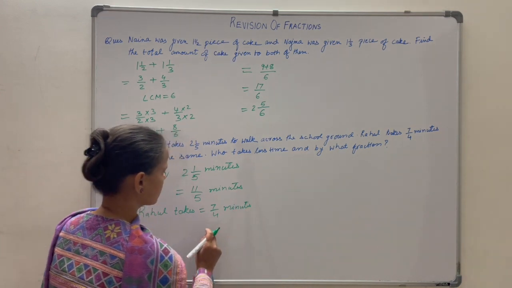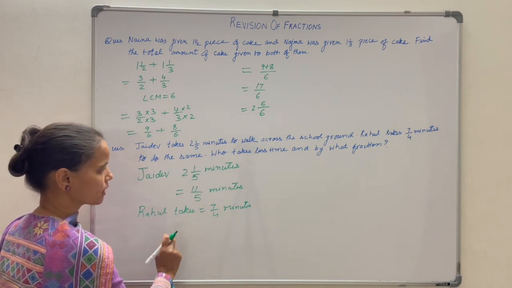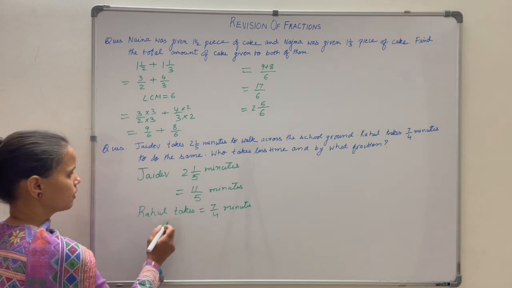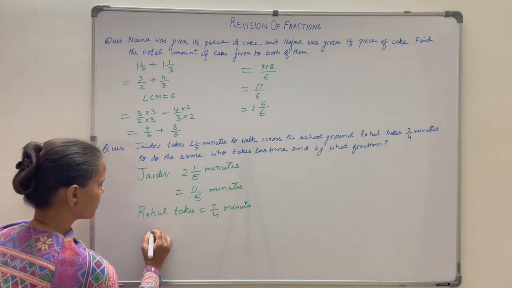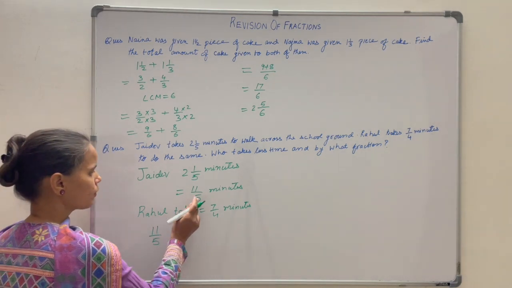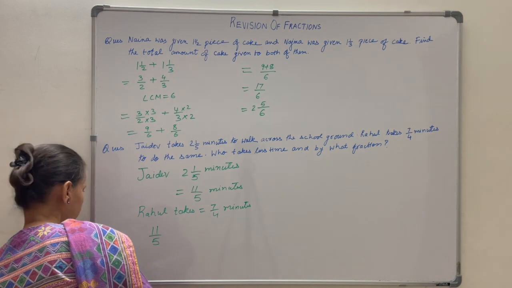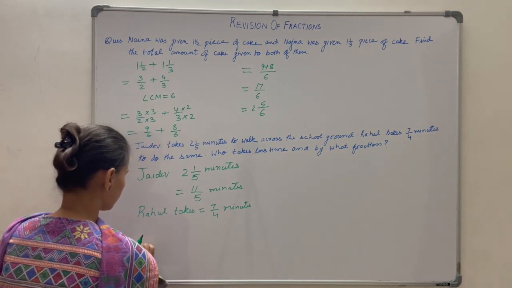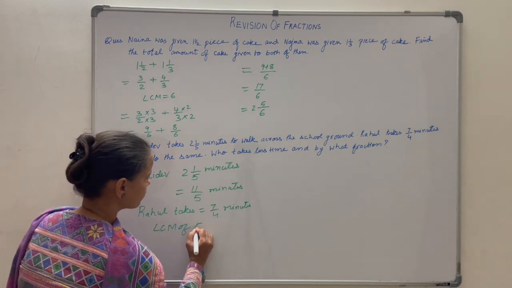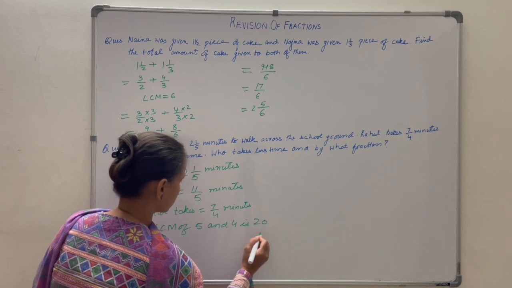So here you can see you cannot still compare because the denominators are different. So you need to make the denominators same. You need to find out the LCM of 5 and 4. What is the LCM of 5 and 4? That is equal to 20. So I am writing here, LCM of 5 and 4 is 20.